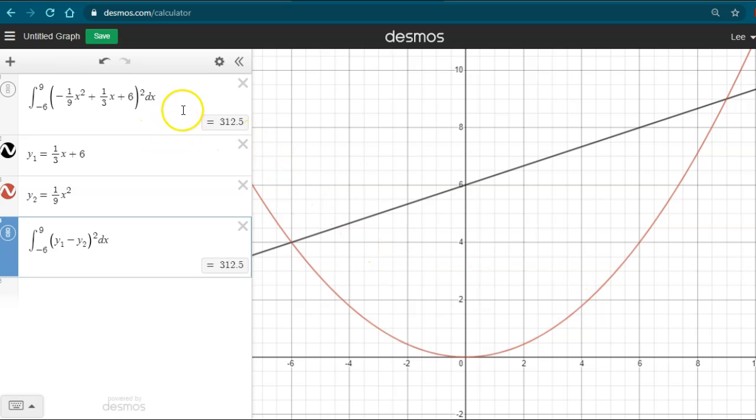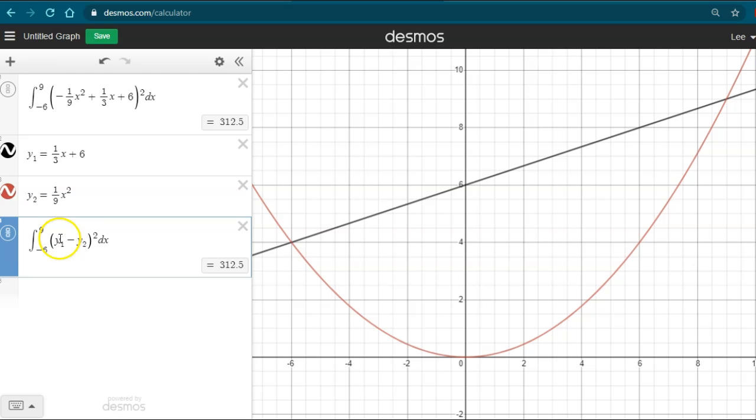Alright, so here I've gone into Desmos and calculated it two different ways. One is just putting in what we simplified from our worksheet, the negative 1/9 x squared plus 1/3 x plus 6. All of that is our b, so that whole thing squared, evaluated from -6 to 9, and I get 312.5. Another way you could do it is to put in your y1 and y2 for graphing those equations.